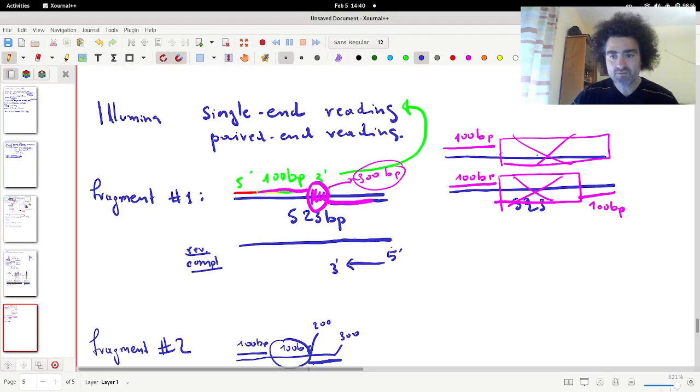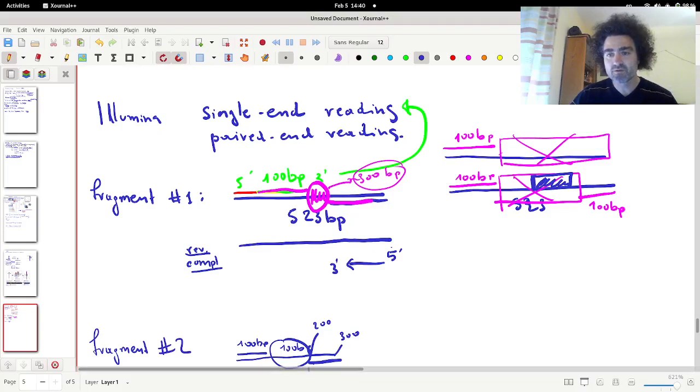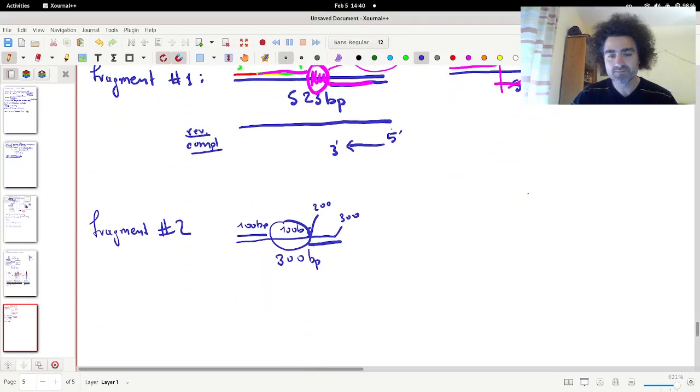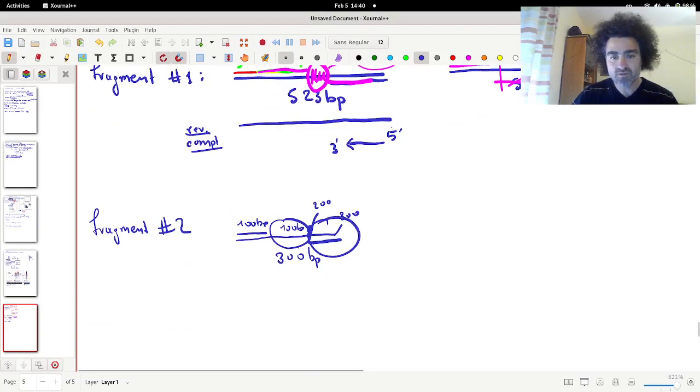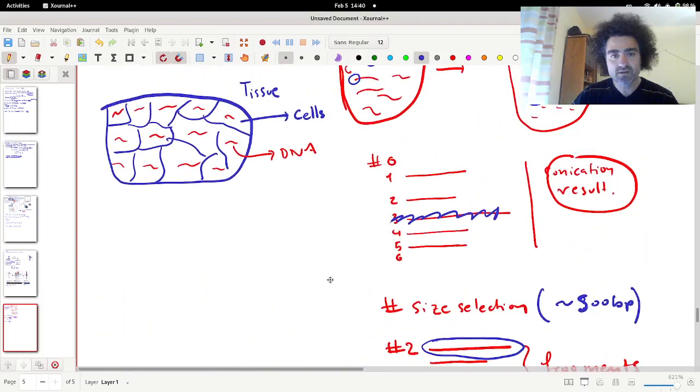So in this piece of DNA that you didn't read, 200 starts from here and 300, let's say, is here. So you will get this information that you didn't get in the previous fragment, because you will read this one. And then you will have another fragment of DNA, for example.